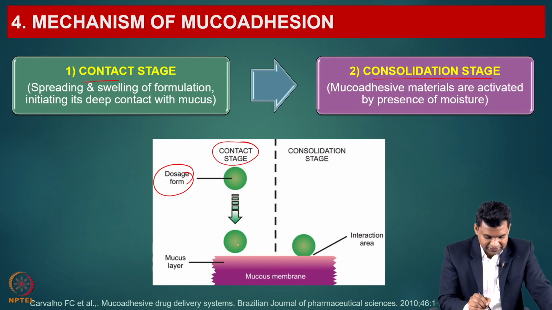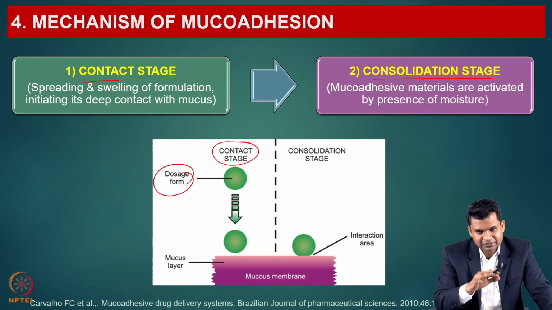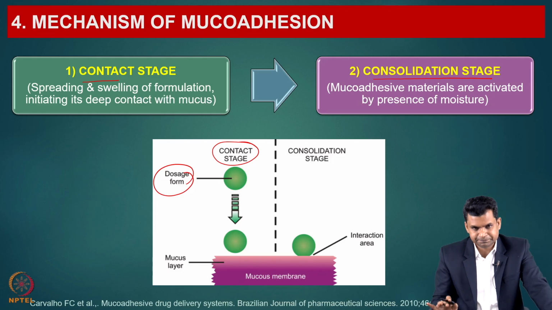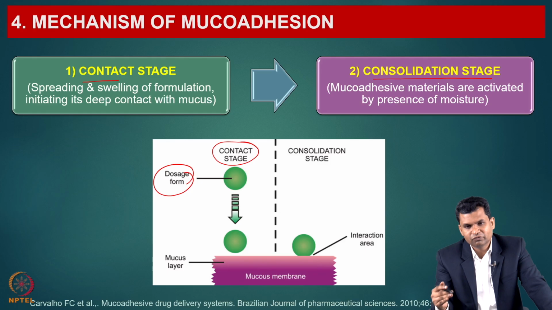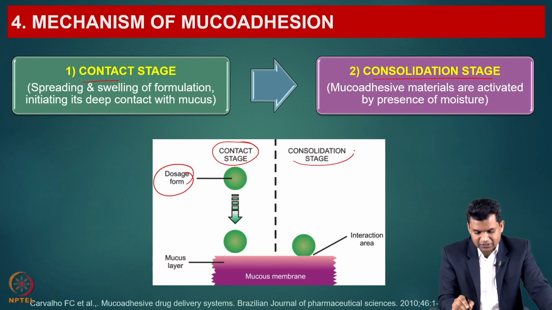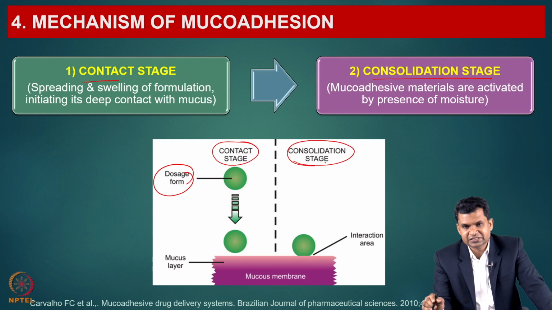Initially it will interact with the mucous membrane, that is called the contact stage. At this stage it will interact with your mucus. That stage is very helpful for the second stage, called the consolidation stage.